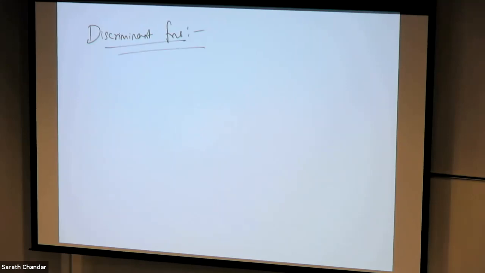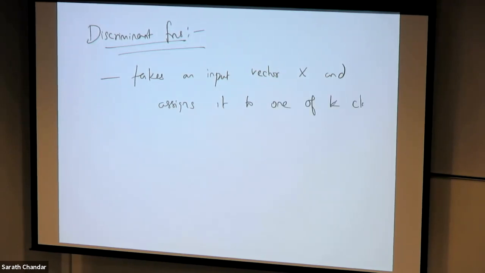So to do that, we're going to study discriminant functions, okay? Now, discriminant functions take an input vector, let's say X, and assign it to one of K classes, denoted as CK. So this is the third class of classifiers, right?